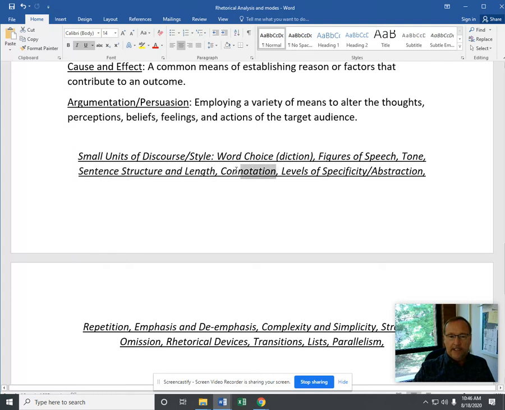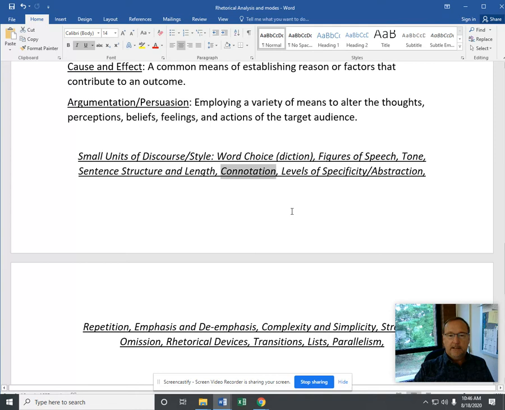All right, connotation, really important. You probably learned that around your sophomore year or so. Connotation and denotation. Denotation is the actual literal meaning of a word. Connotation is the feelings that are associated with the particular word.